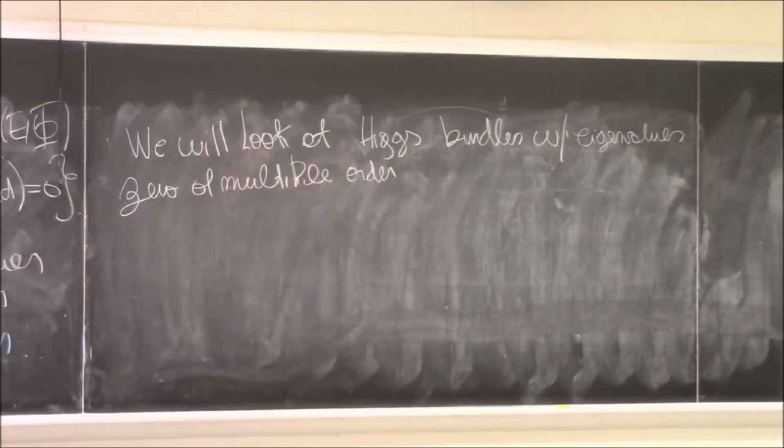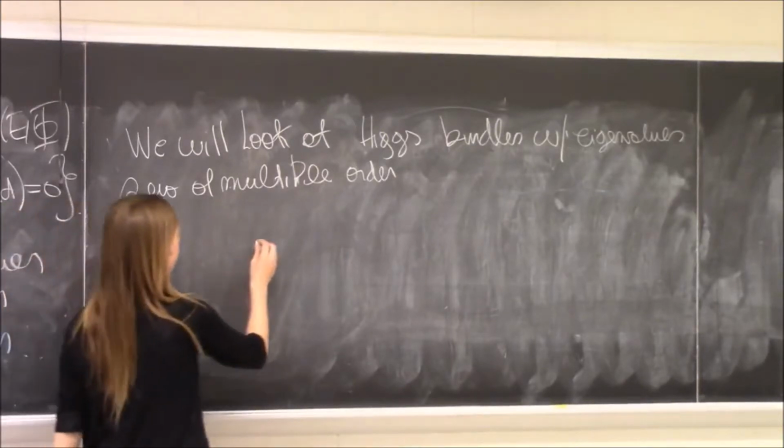So if you have an eigenvalue 0 of multiple order in a matrix, and you don't put any other condition for your matrix, generically what you'll have is the following.